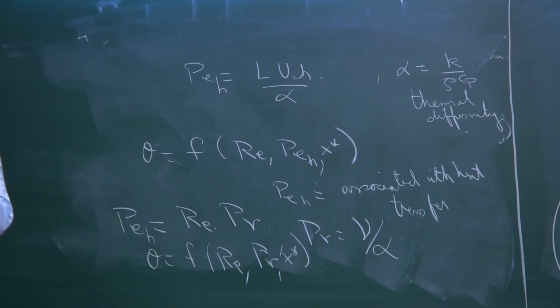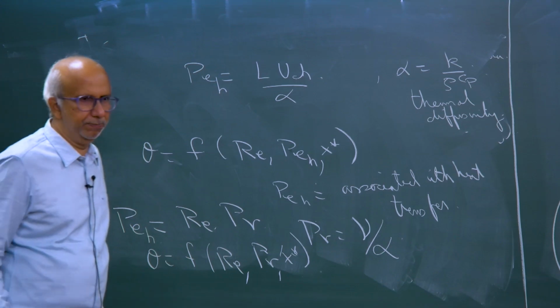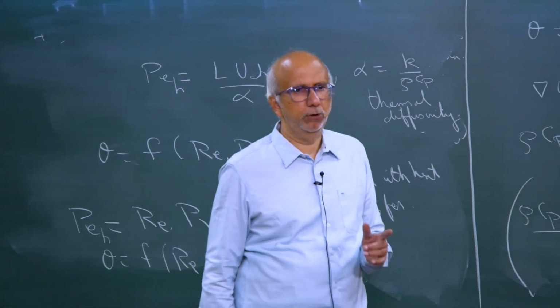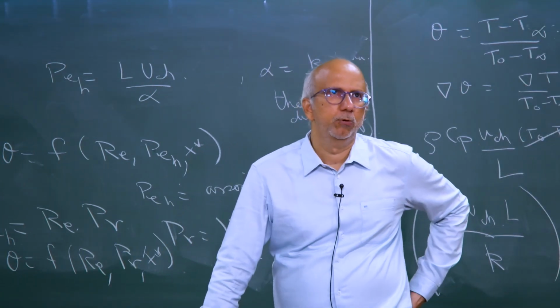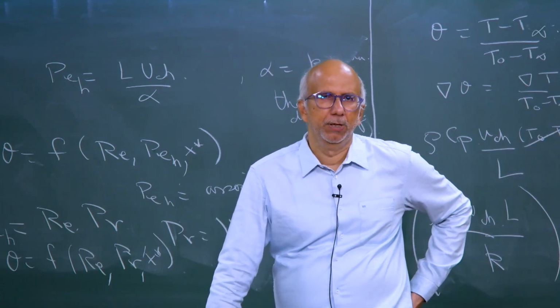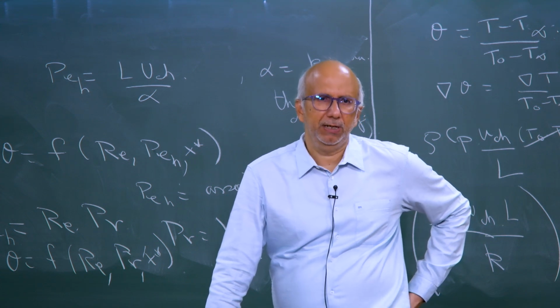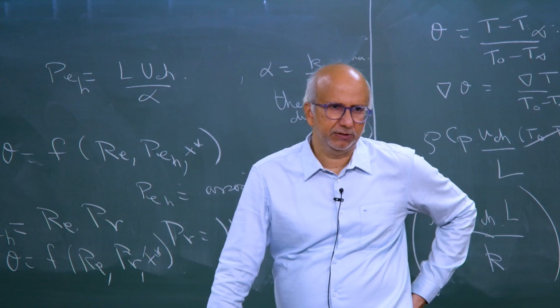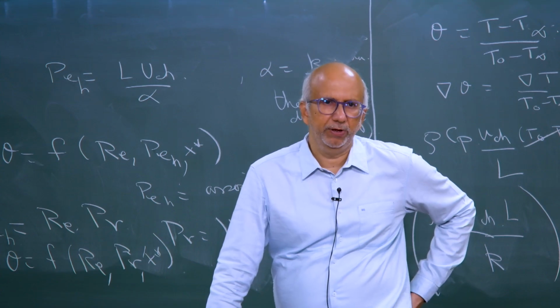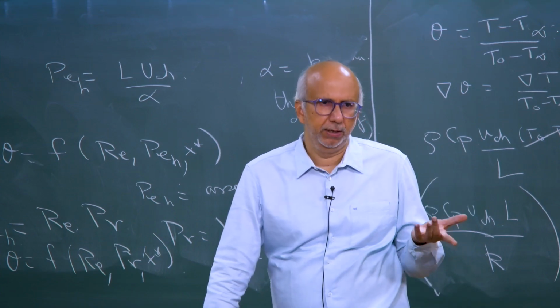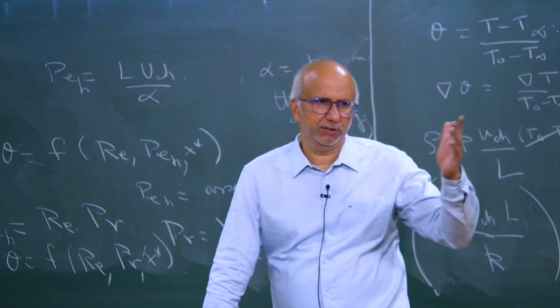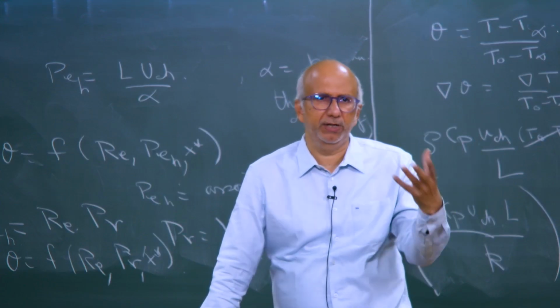So, when you are analyzing a particular system, the one thing which you can do is you can look at a fixed body, fixed fluid, and experimentally if you want to study the effect of heat transfer, what you would like to do is vary the velocity with which the liquid is flowing far upstream. U infinity is what you can control.